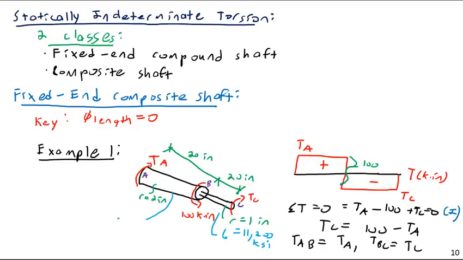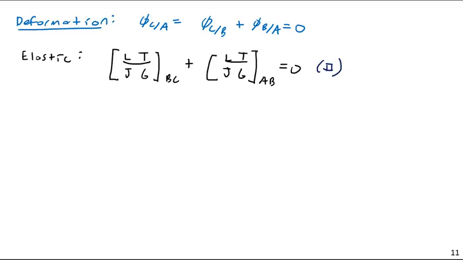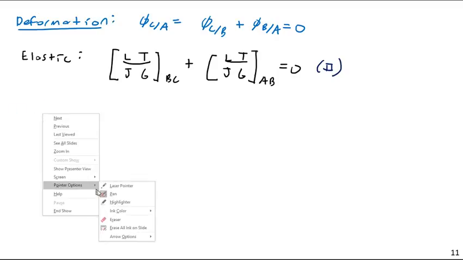And the G here for this material is 3,900 KSI. All right, so now it's really just plug and chug.